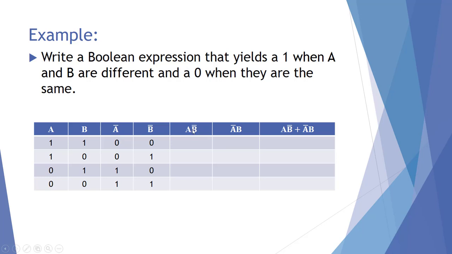Just like regular algebra, we can put them next to each other, and that implies multiplication or a conjunction or the and condition. So a and the negation of b, in row 2, that puts a 1 in row 2. All the other rows, though, will yield a 0 in that spot, because we don't have a and the negation of b being met in any of those.